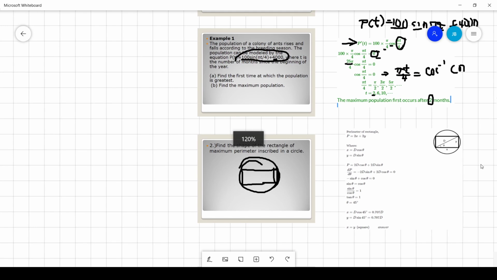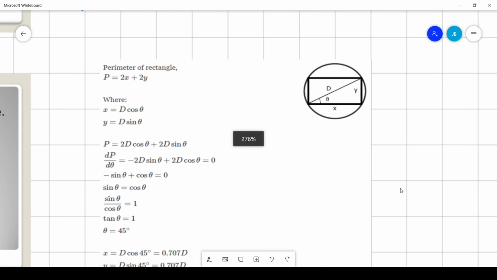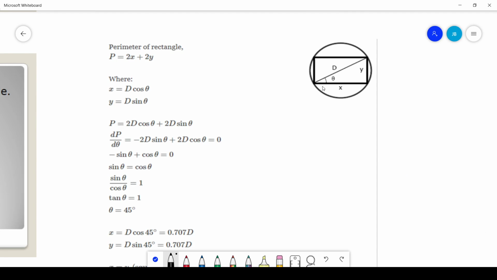Perimeter of a rectangle is just 2L plus 2W. But here, the notation used is X and Y, not W and L. Perimeter is just adding all sides, so 2X plus 2Y. How do we get X?